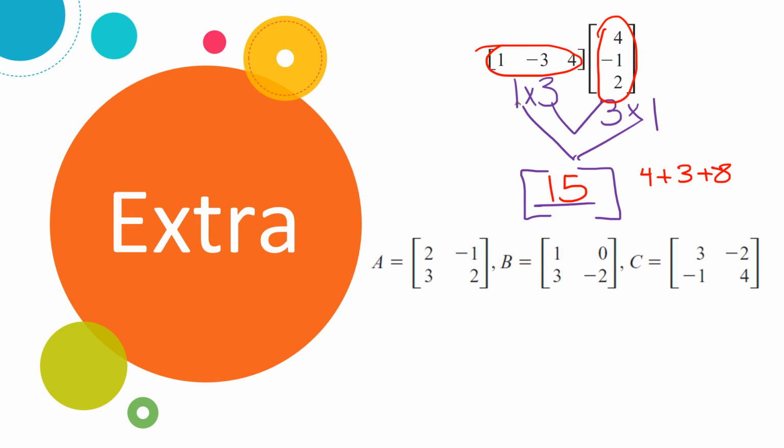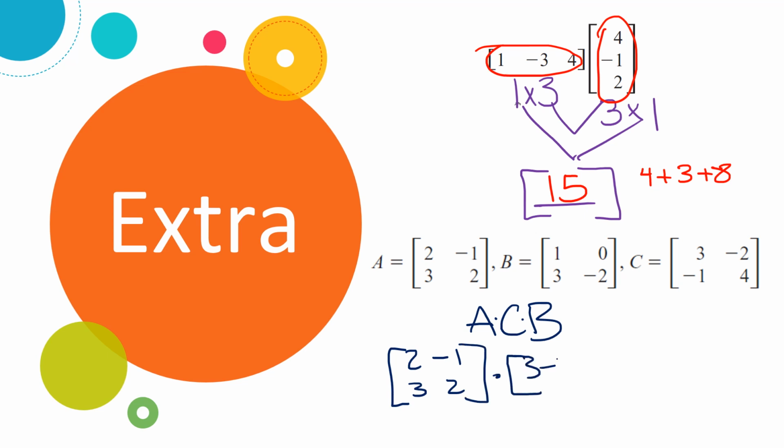Also, let's take a look. This bottom equation, this is an example of what I previously said, how it's not commutative. So let's say I ask you to take A times C times B. That means you would take matrix A, and you want to go in order, so then you'd multiply it by C. Now I'm not going to actually do the math on this, I'm just making it up.